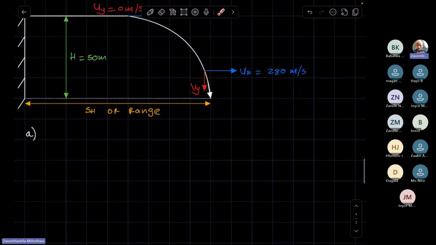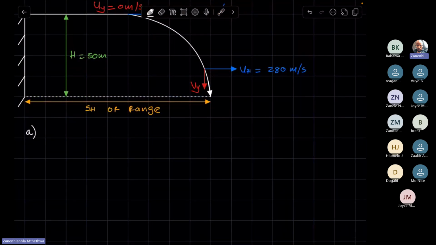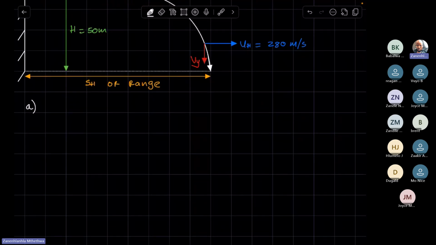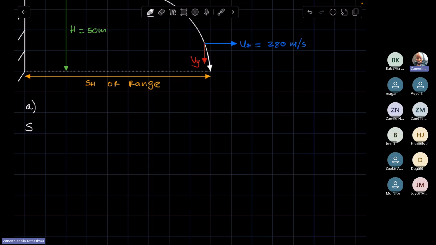Now, the equation of motion we can use here, there's two of them. The simplest one, I would say, is the one for displacement. It will be this one. Sy, or let's just call it H. H is equal to UT.